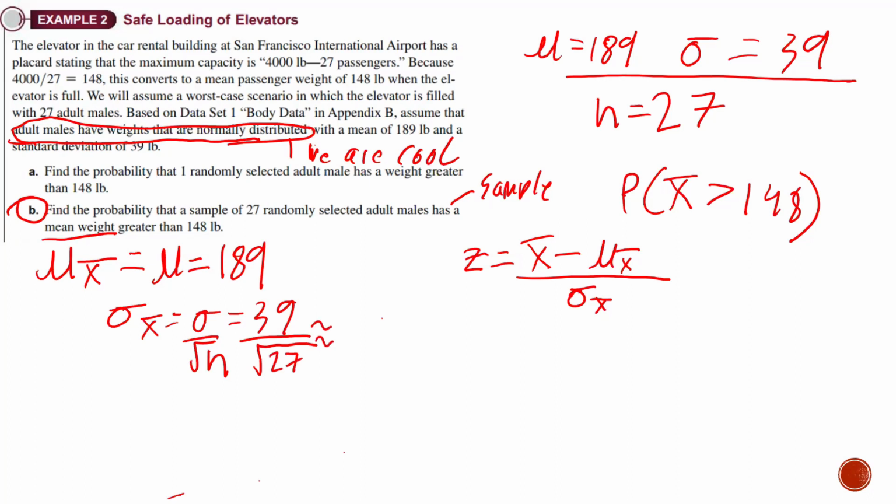Put this in your calculator, and you will get that your standard deviation of the sample mean is roughly 7.5 pounds. That's significantly smaller than that of the population, because it's unlikely that all 27 individuals are extreme.